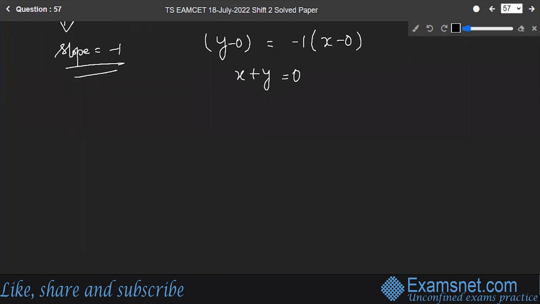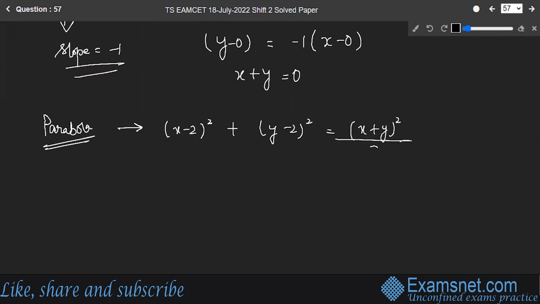Now, the parabola will be given by x minus 2 square plus y minus 2 square is equal to x plus y whole square upon 2. Let's solve it. x square plus 4 minus 4x, y square plus 4 minus 4y, whole multiplied by 2 is equal to this.